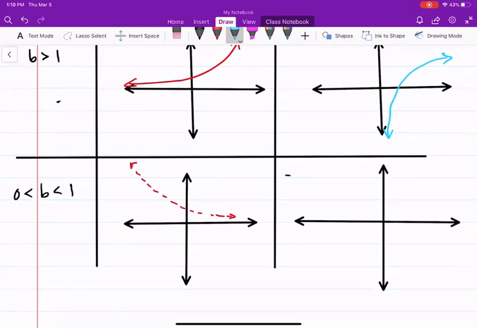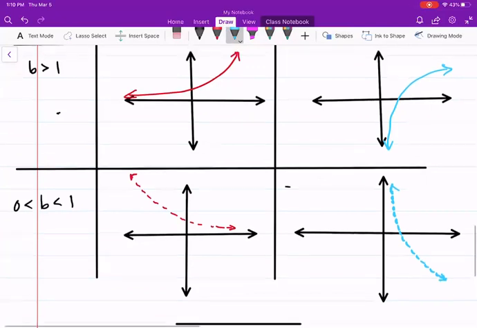Okay. So I'm going to guess it's like this that you're saying. Yeah. And you're right. Because no matter how I look at it, the b greater than 1 and the b between 0 and 1, it looks like it flips over the y-axis, right? And if you look at the blue, the log function, it flips over the x-axis, right?